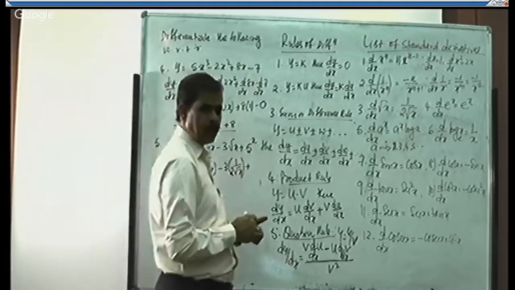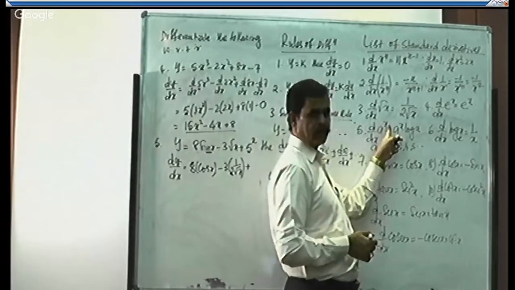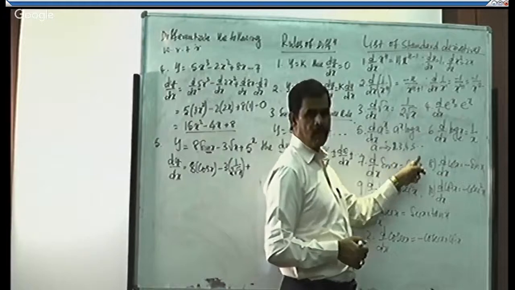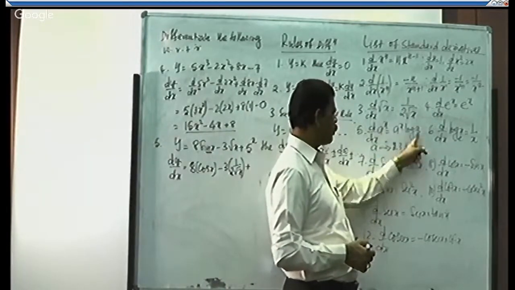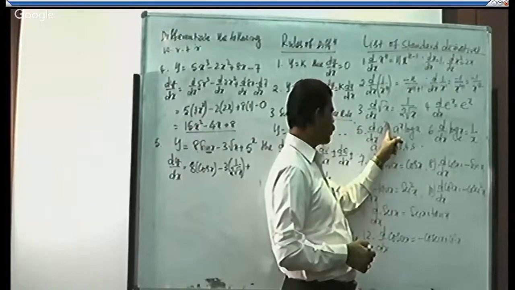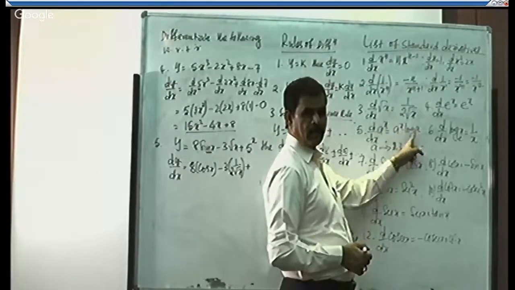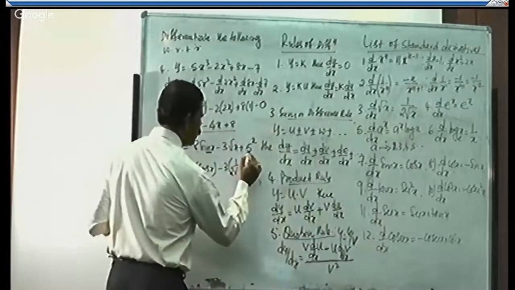Plus differentiation of 5 to the power of x. Which formula is there? Treat it as a to the power of x. a may be 2, 3, 4, 5, etc. Differentiation of a to the power of x is a to the power of x into log a. Therefore, 5 to the power of x is what? 5 to the power of x into log 5. In place of a, we have 5.